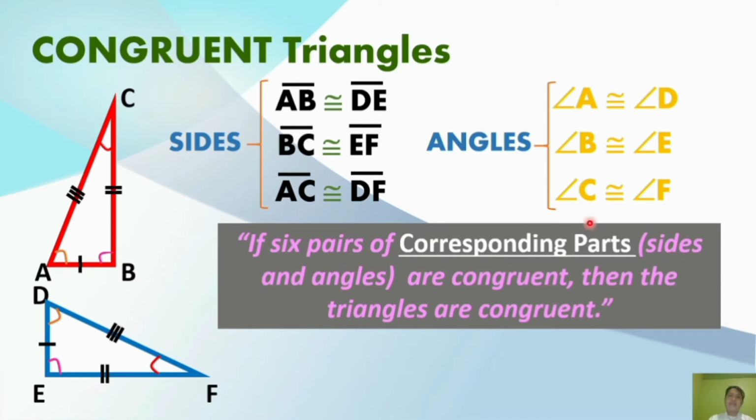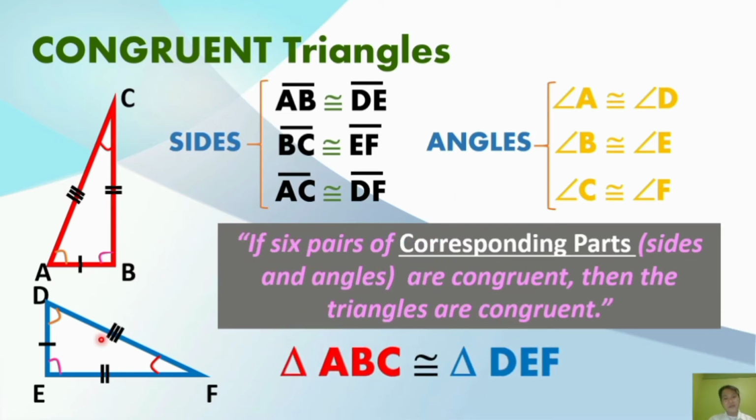So ibig sabihin, dahil lahat ng corresponding parts niya are congruent, we can therefore conclude that the two triangles, triangle ABC and triangle DEF, are also congruent. In conclusion, triangle ABC is congruent to triangle DEF.